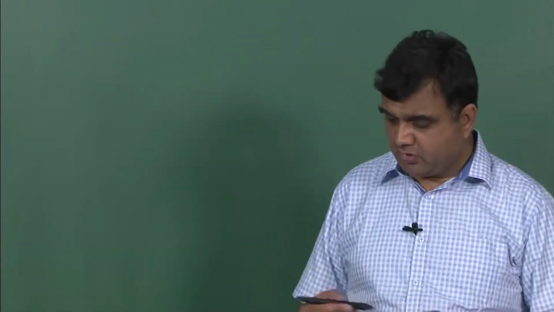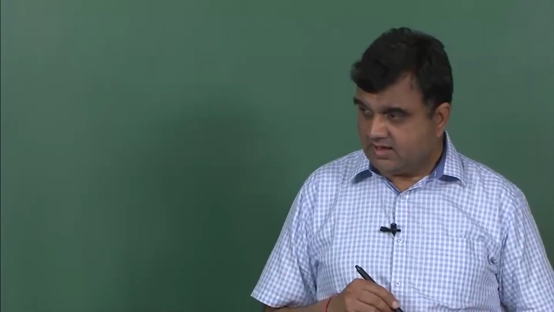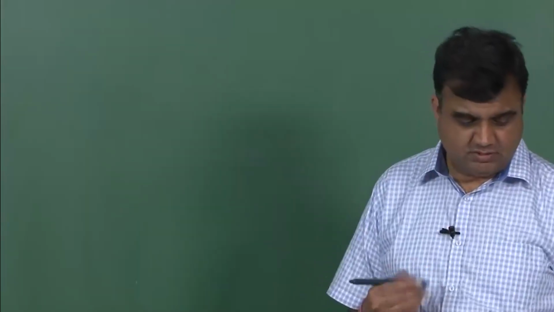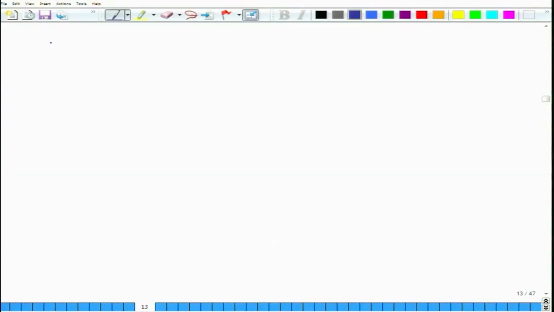So, this is something important to understand, and with this we move to the next part of our discussion, and we will introduce a new topic which is related to this and very useful, and these are resultant forces and moments.